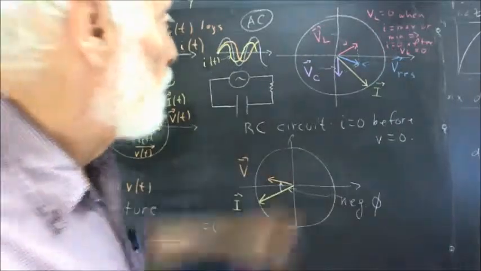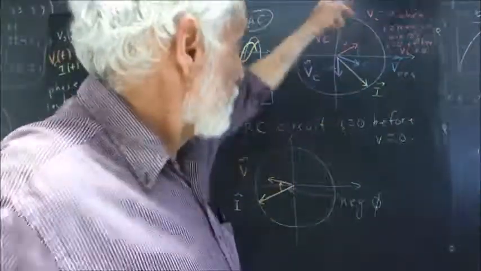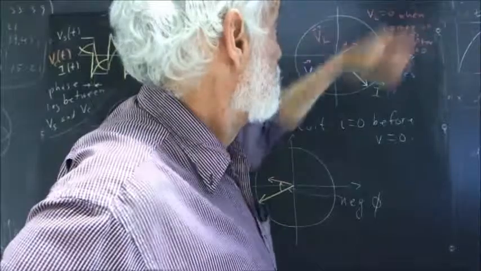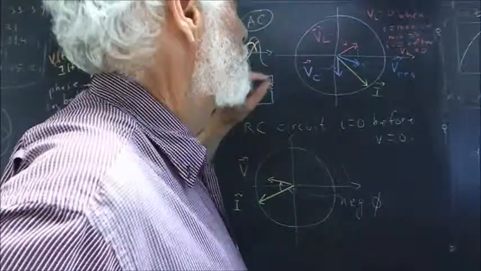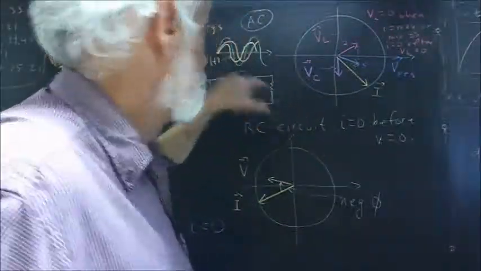Very similar to this one, we're just at a different point in our continuing rotation around the reference circle. Now up here, first of all, let's consider what happens if you have an inductor instead of a capacitor here, driving it with an AC source.